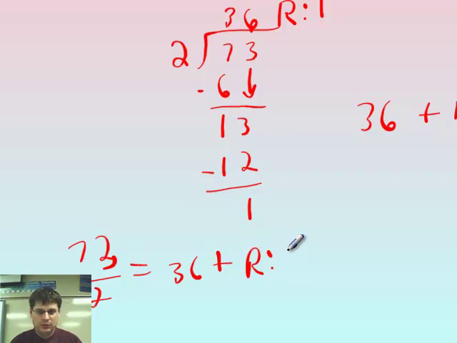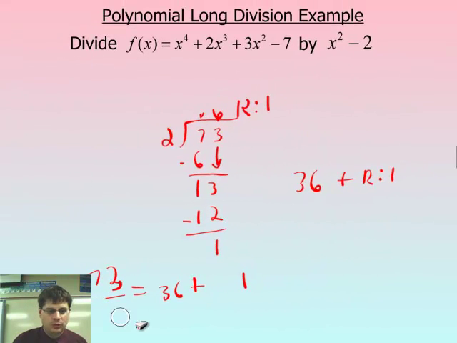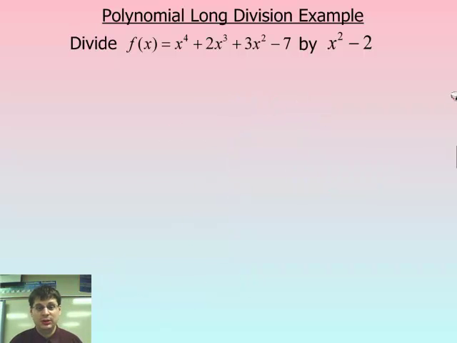We would say remainder 1, but we would include the R. So that would be our solution. The idea with polynomial division is really the same thing.